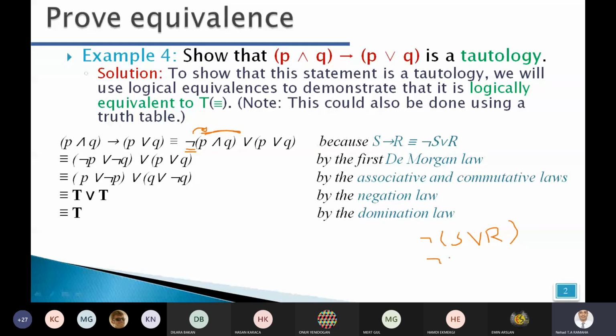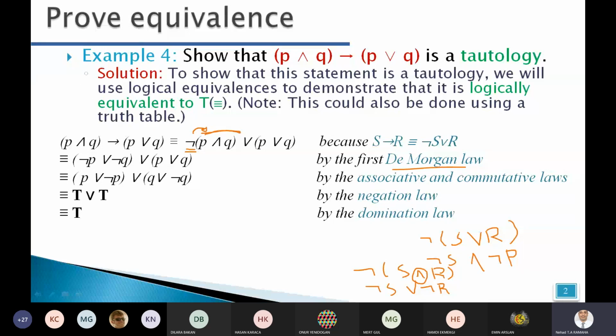It becomes not S and not R. If you have not of S and R, you can also distribute it inside: not S, but this and becomes or, not R. This is De Morgan's law, very simple.